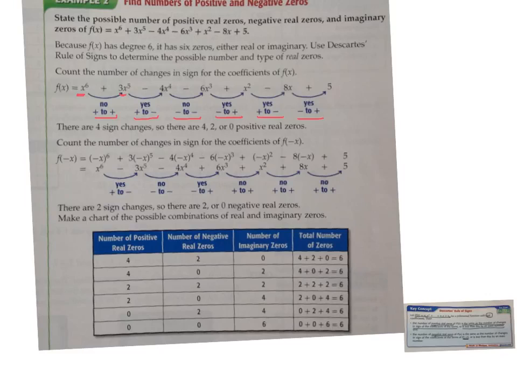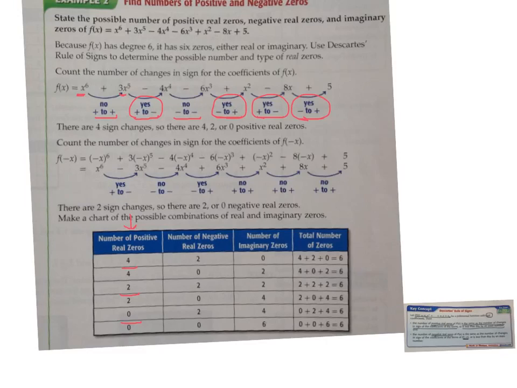So there were 1, 2, 3, 4 sign changes, which means the number of real positive zeros could be 4, could be 2, and could be 0, because it goes down by even numbers. So that's what this box is here.